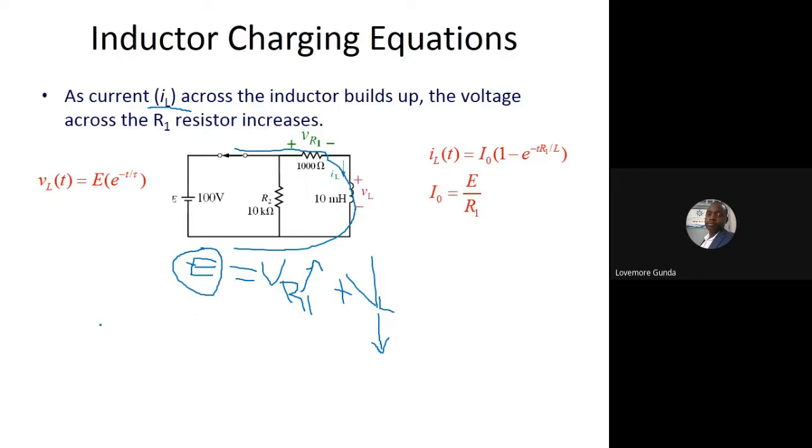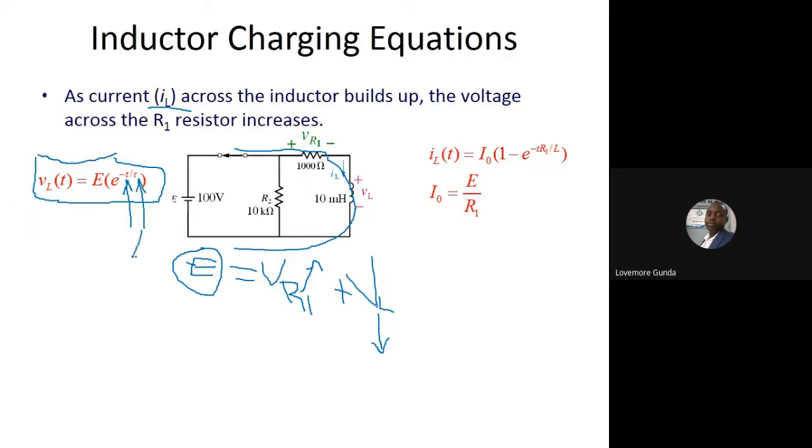So the voltage across the inductor will decrease exponentially given by this expression. VL is equal to E exponent of minus t over tau. t is the time at which you want to determine the voltage across the inductor, and tau is the time constant.